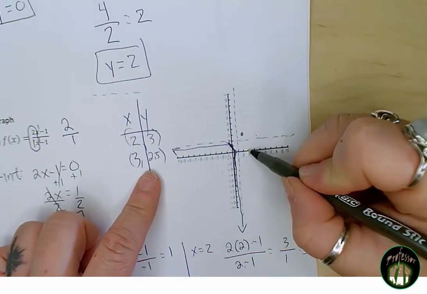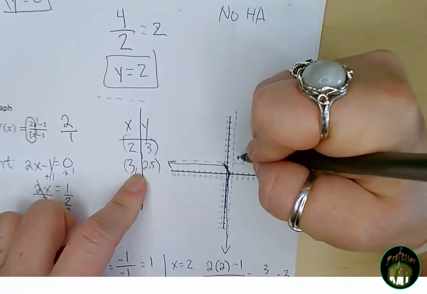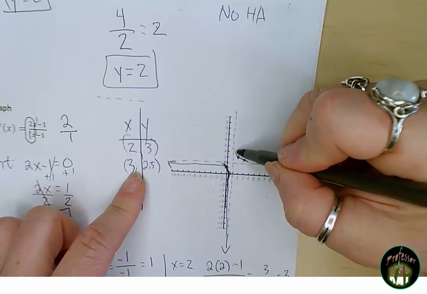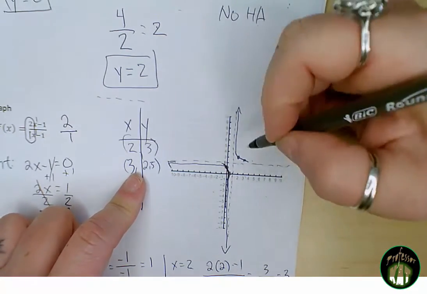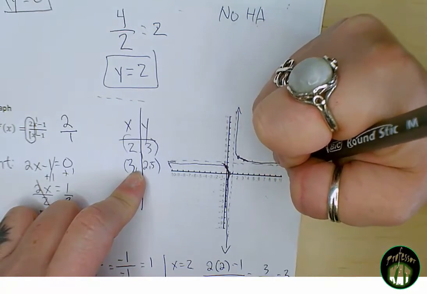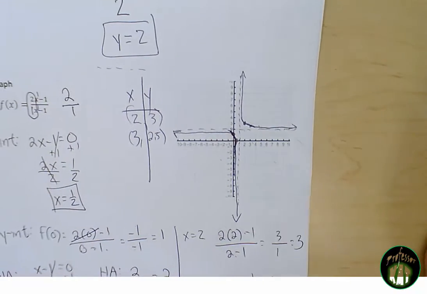If I go over 3 and then up 2.5, that's about right here. Go ahead and connect these dots. Then on either side, over here on the left, our graph wants to be near our asymptote, and it's going to curve and follow that. Over here on the right-hand side, same thing. It's going to want to be near that asymptote, forever continuing to follow it. And this is what our graph would look like.